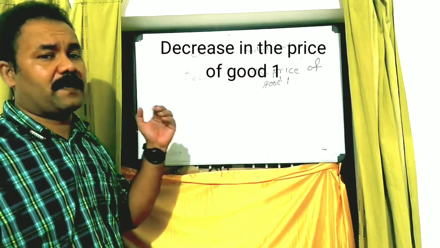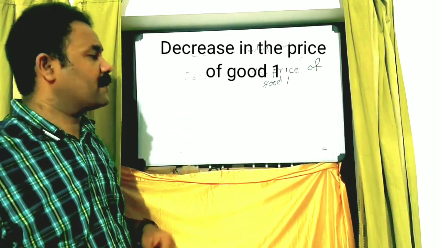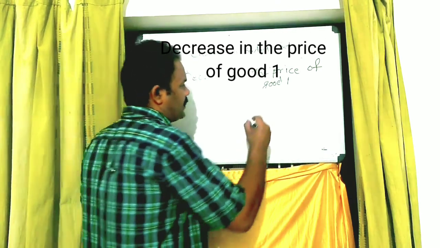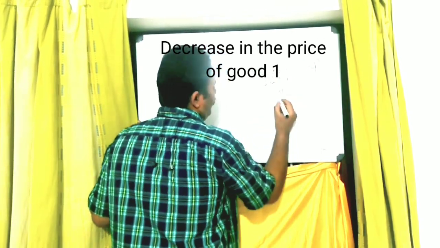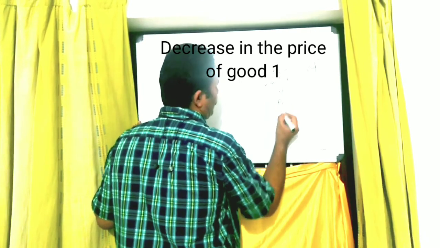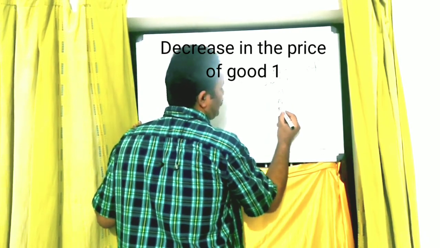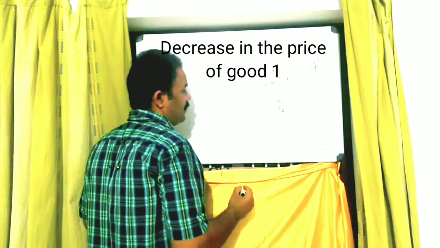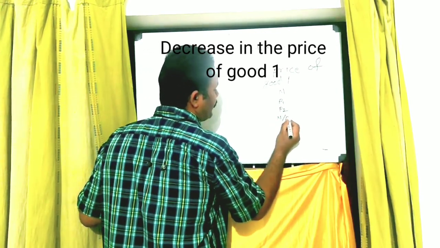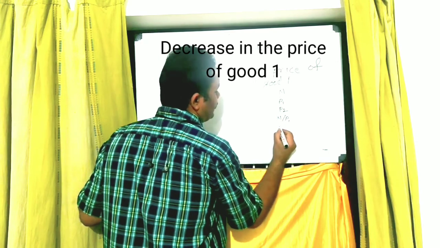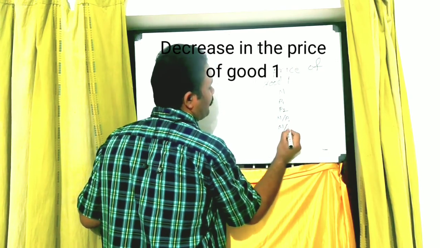This we can explain with the help of a diagram. Suppose income is M, price of the first commodity is P1, price of the second commodity is P2, then the horizontal intercept is M by P1, and the vertical intercept is M by P2.